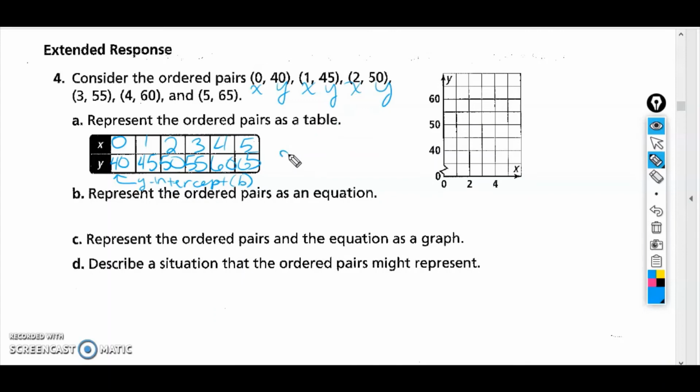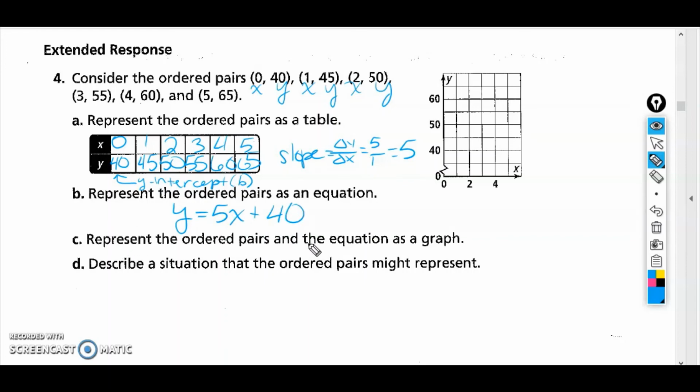And then my slope should be how much my y's change over how much my x's change. Well, my y's change by 5 every time my x's change by 1. So my slope is just 5. So I have my slope and my y-intercept, so I can do slope-intercept form. y equals 5x plus 40.